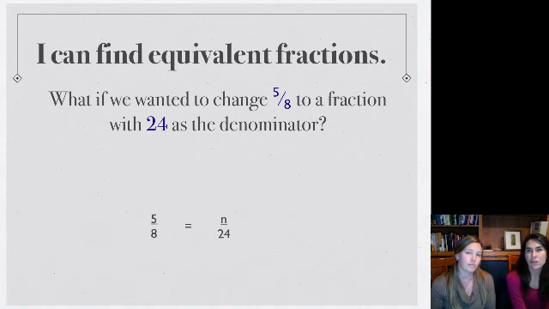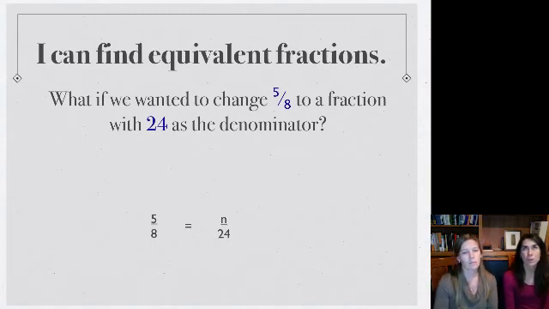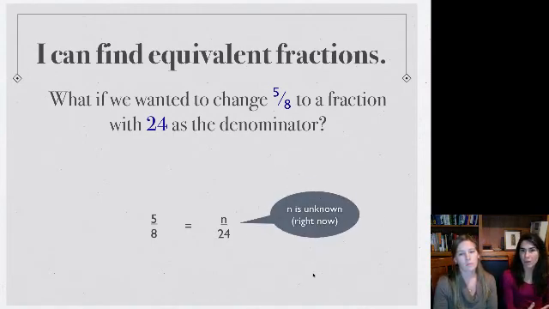Okay, so anyway, last scenario here. What if we want to change 5/8 to a fraction, and we already know that the denominator is 24? We just have to solve for n here. So applying what we've just been learning about, n is unknown for right now, but what we just have to think about is, okay, we see our 8 here, and it's eventually going to equal 24. What do I have to do to get it to equal 24?